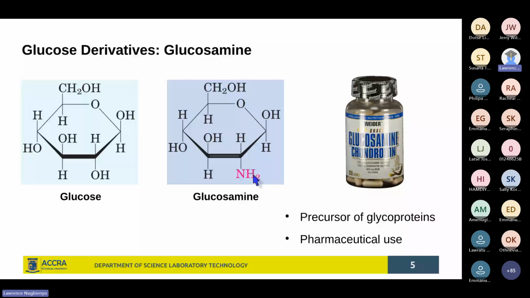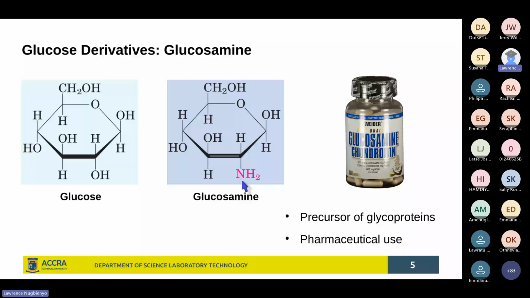Now, glucosamine can serve as a precursor for the synthesis of many glycoproteins. These are complexes of carbohydrates and proteins. Of course, if you remember when we were doing proteins, peptide bonds form between the amine group of an amino acid and the carboxylic acid group of another.